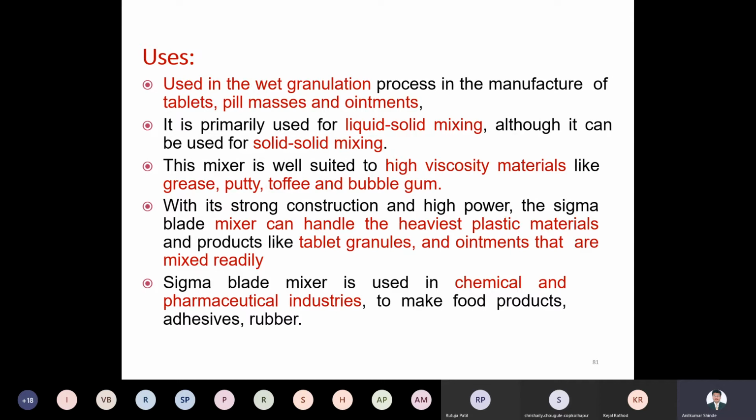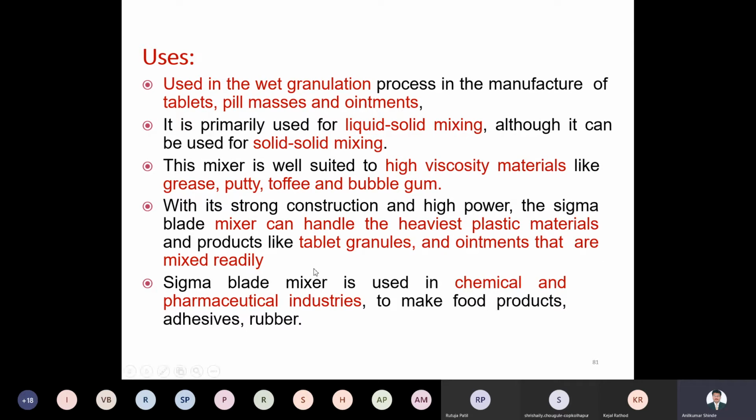All the material should be mixed properly, and this forms a dough mass. This mass is put into different molds to prepare different types of toffees. Then bubble gum is the same. So you can use the sigma blade for that.